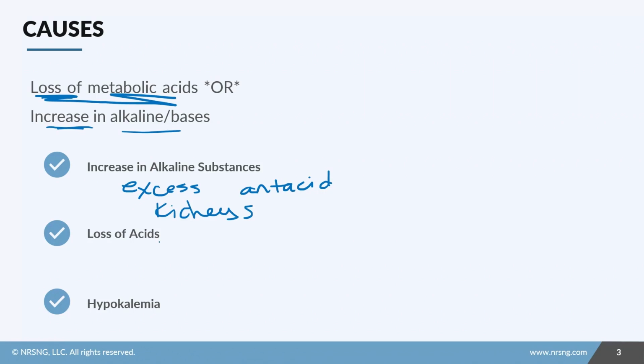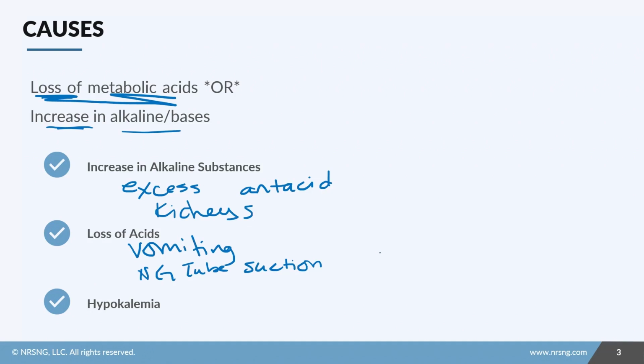Now, the loss of acids could come from any number of conditions, the most common of which being excessive vomiting or NG tube suctioning. So again, our stomach is a big bag of hydrochloric acid.